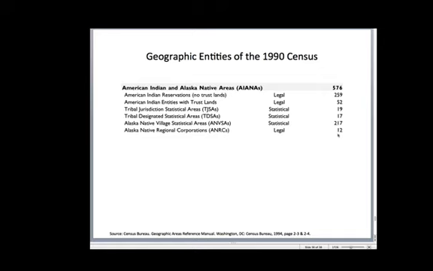There are also statistical areas within these areas as well. So that is a quick overview of some of the geographic entities used by the Bureau of the Census in the United States, and some of these entities are useful in terms of defining communities for the purpose of community health assessments and for conducting community health profiles.